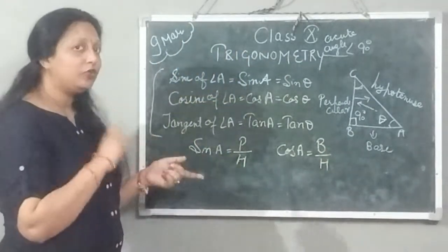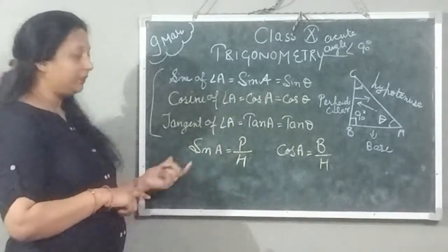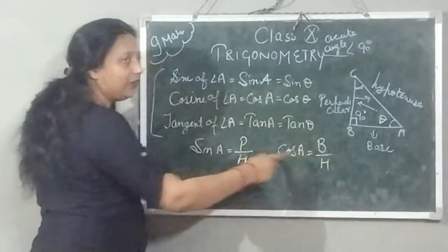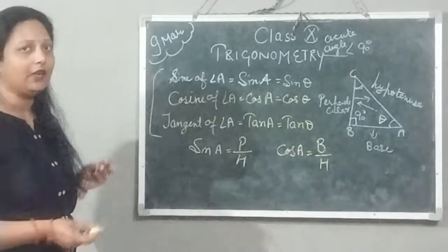If you have sine theta's value and cos theta's value, you can find out the tan theta's value easily. How?